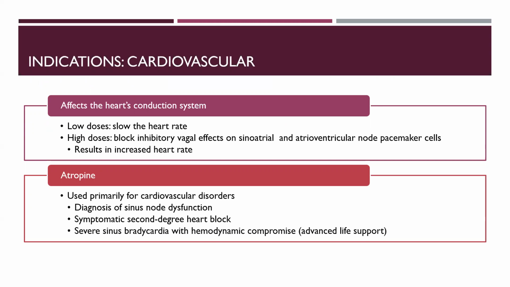Low doses are going to slow the heart rate. High doses block the vagal effects of the SA and AV node pacemakers, which results in increased heart rate. Atropine is primarily used for cardiovascular disorders. It can be used for sinus node dysfunction, second degree heart block, and severe sinus bradycardia. So advanced life support.